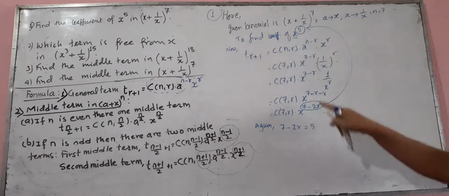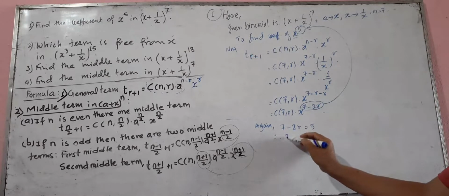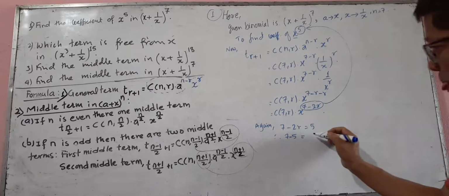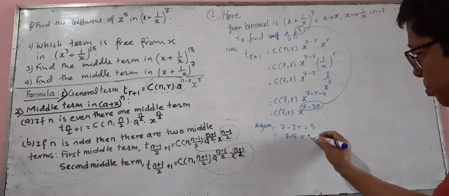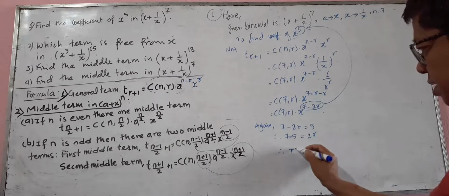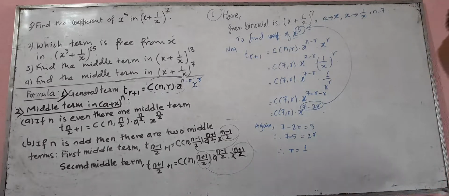Remember this too. And this gives 7 minus 5 equals 2r, and therefore r equals 1. Okay, r is 1.